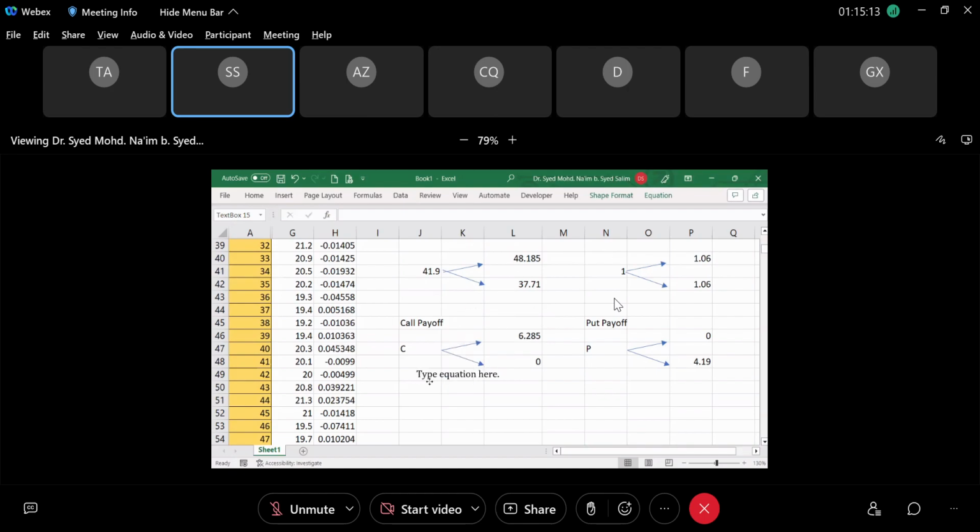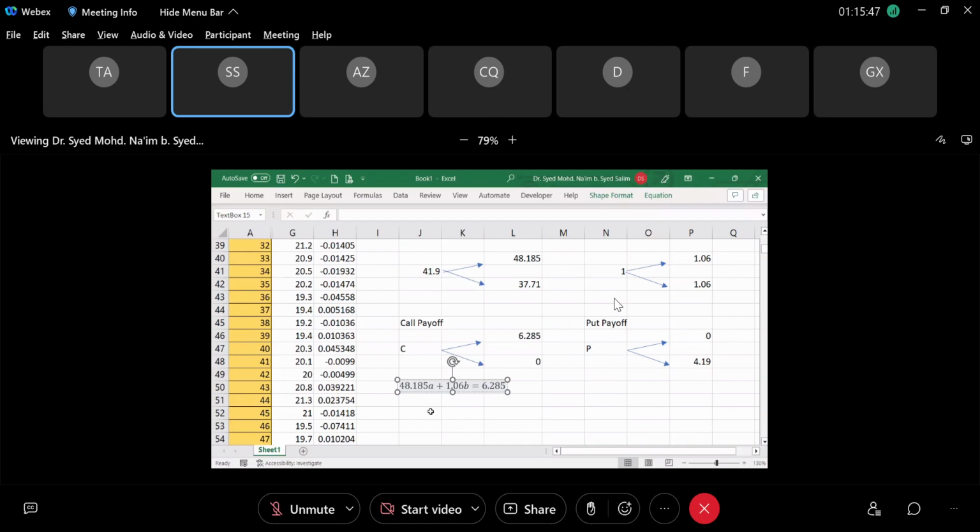We try to replicate the state of shares and bond here, where this put is 48.185A plus 1.06B is equal to 6.85.